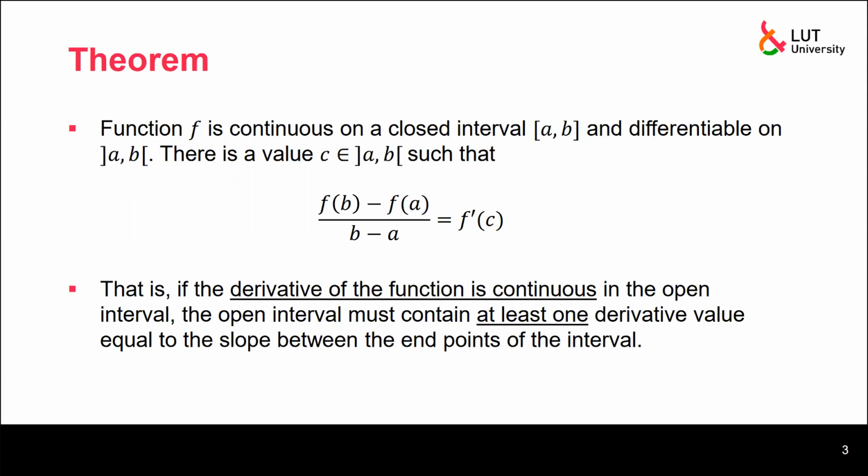Or I more commonly use this logical double-headed arrow. So the first one, c, is in the square brackets, which means it can be a or b or anything in between. And the open interval means it can be anything between a and b, but not a or b themselves.